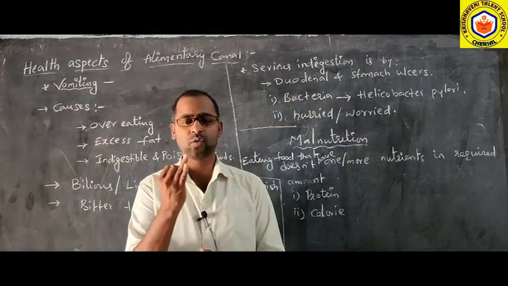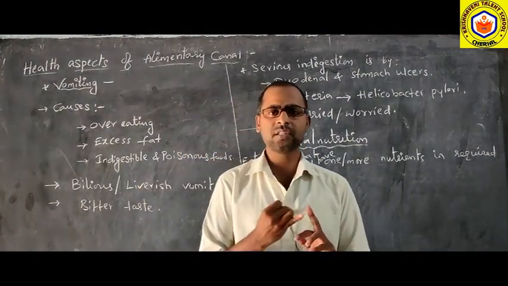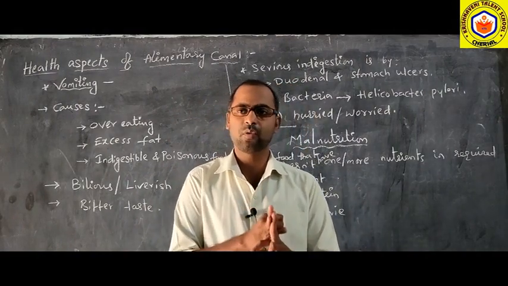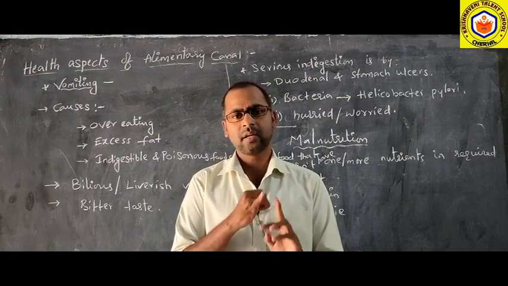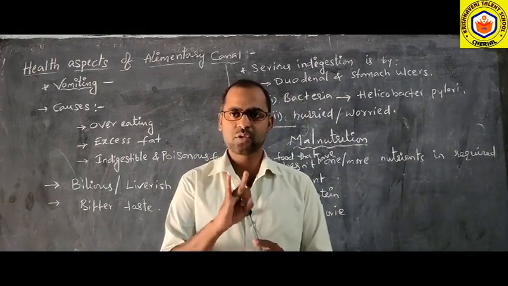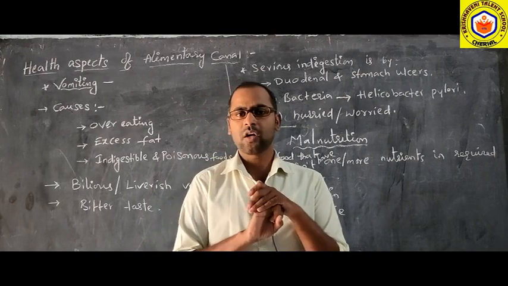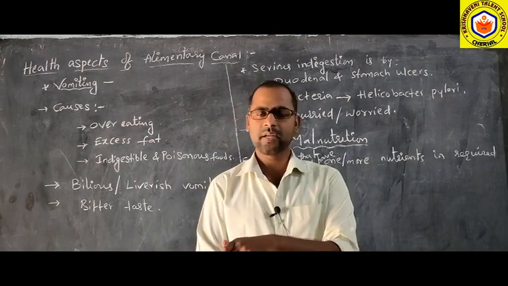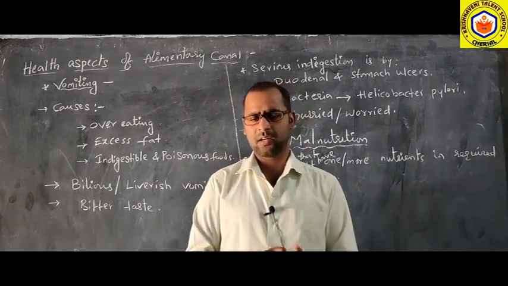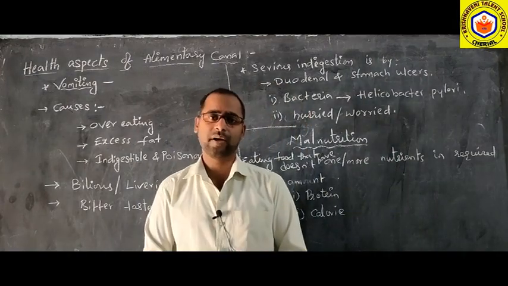Vitamins are classified into two types: water soluble vitamins and fat soluble vitamins. B complex vitamins and vitamin C are water soluble vitamins. A, D, E, K are fat soluble vitamins.